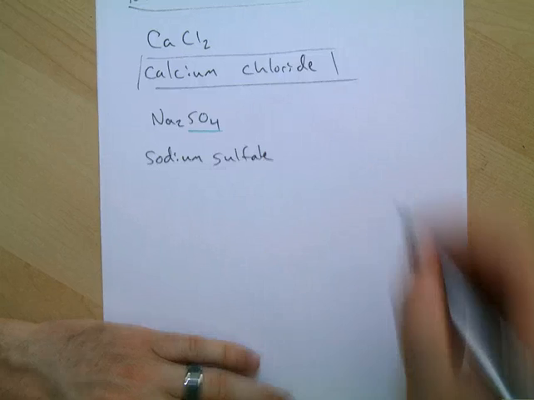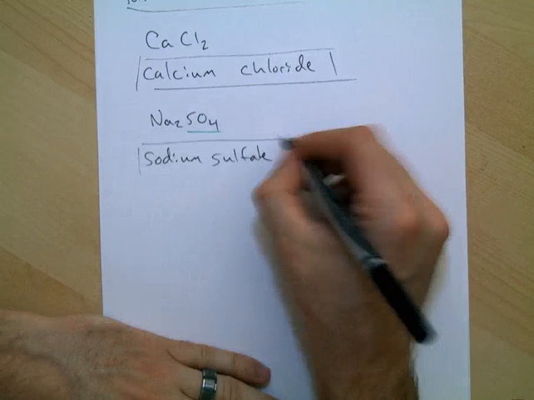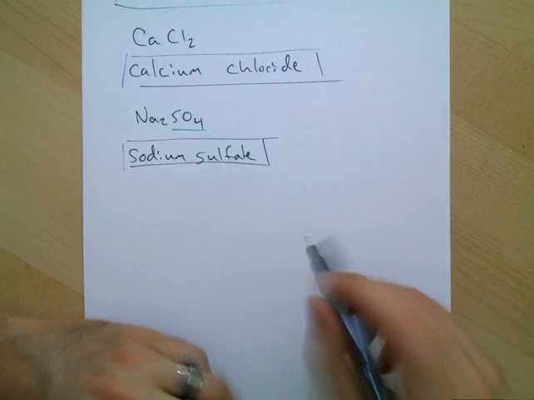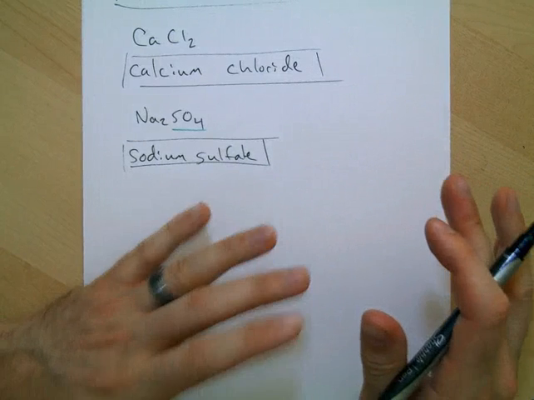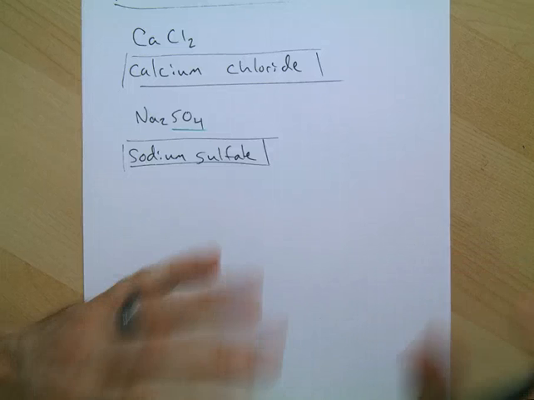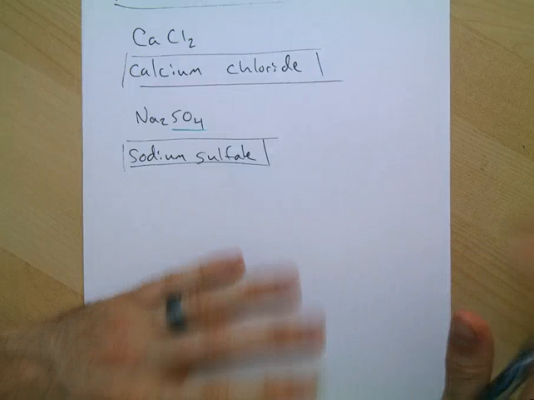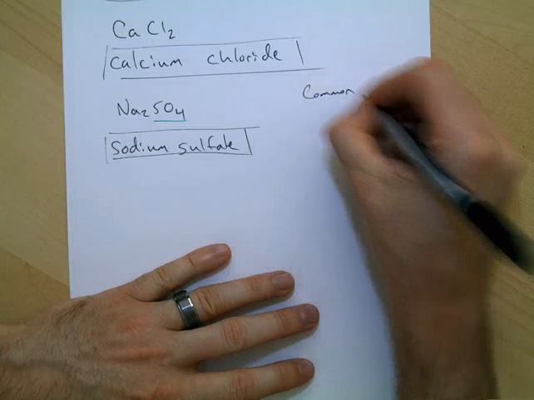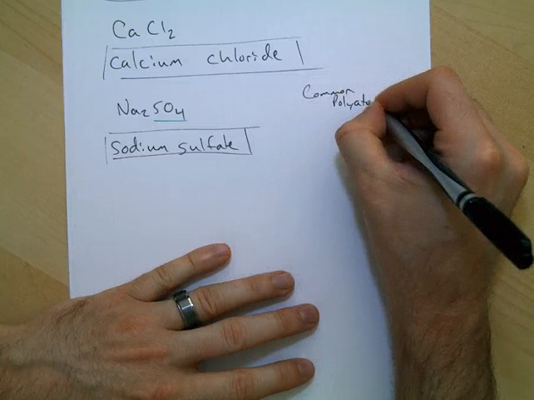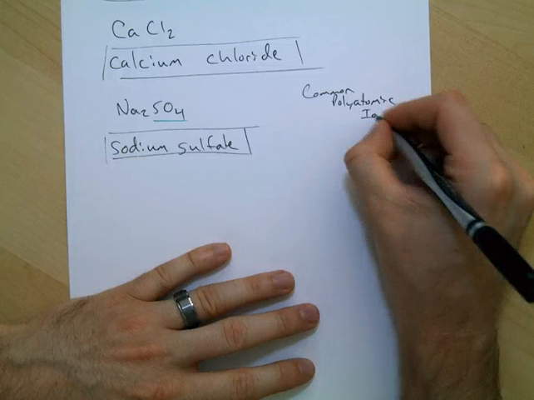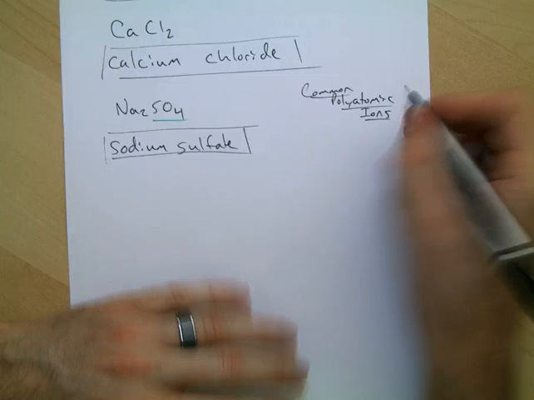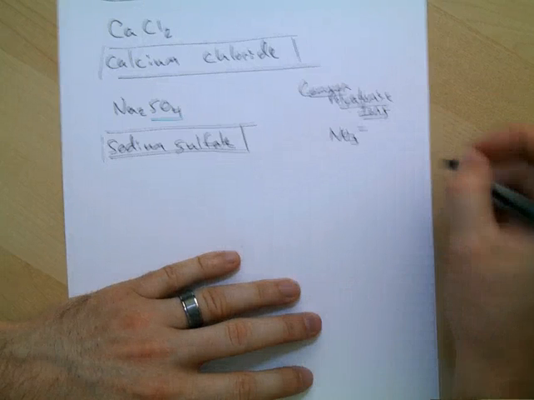Now you're going to need to memorize all of your polyatomic ions so you can tell the difference between this and this. Note that most of the polyatomic ions end in ate or ite usually. Some of them don't. Some of them actually do end in I. So let's go through some of the common polyatomic ions. You have a list of polyatomic ions available to you, but just for helping us with naming today, let's go through some of the common ones that you're almost always going to see.